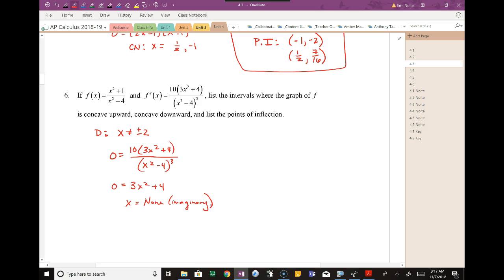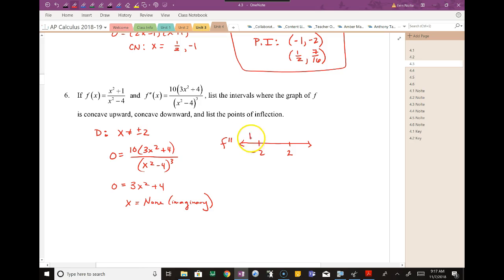So we are only going to have the 2 critical values that exist on our number line from our domain restrictions. Remember, this is a second derivative test. If I plug a value that is less than -2 into my second derivative, such as -3, I'm going to get a positive on the top, and on the bottom that would also be a positive.